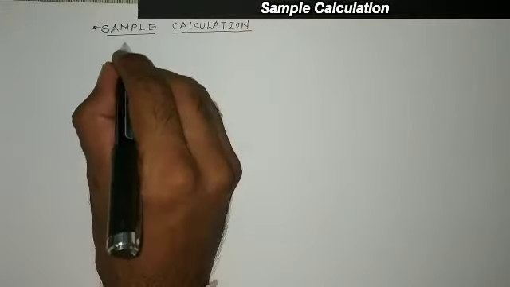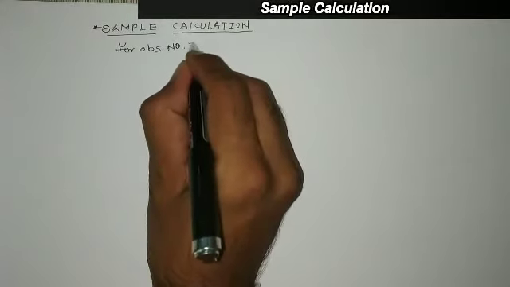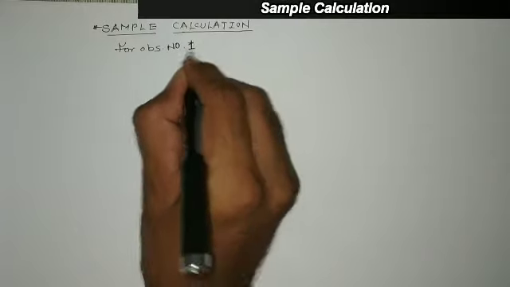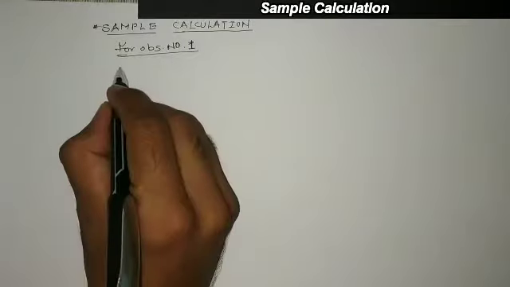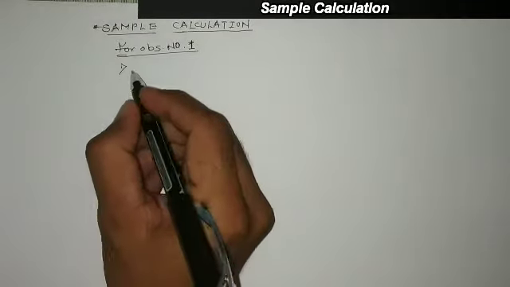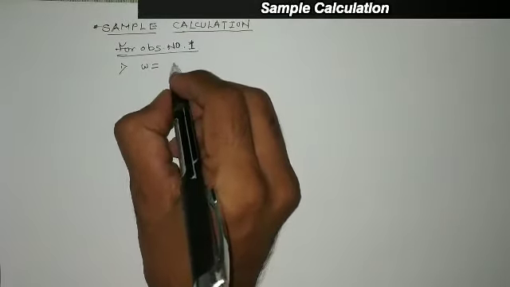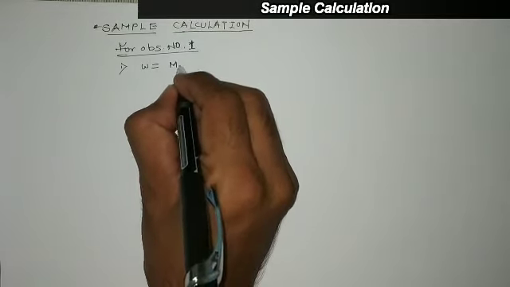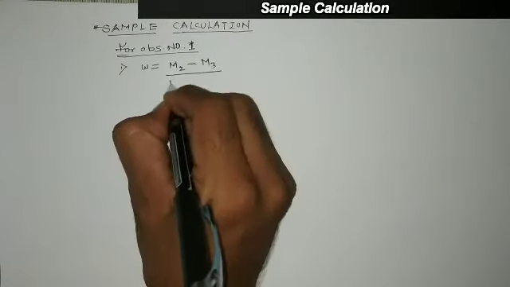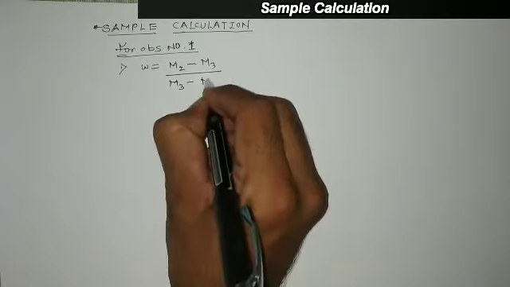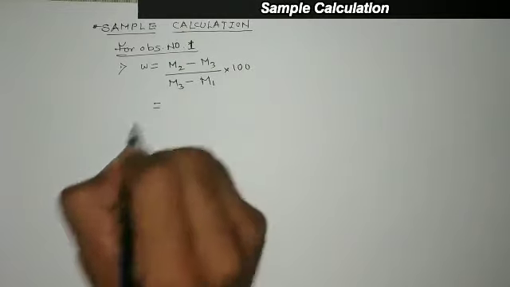Now let's see the sample calculations. Sample calculation for observation number 1. Let's write the first formula: (M2 − M3) / (M3 − M1) × 100.